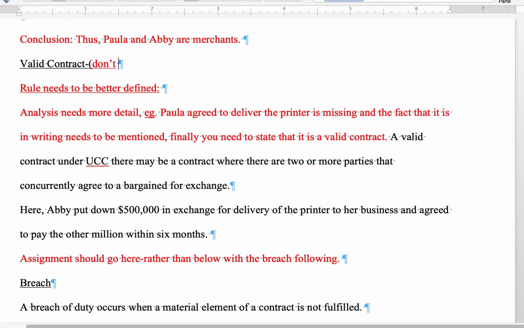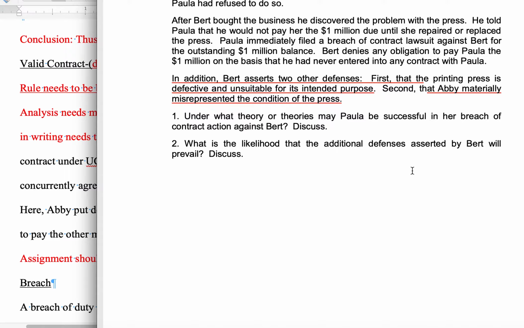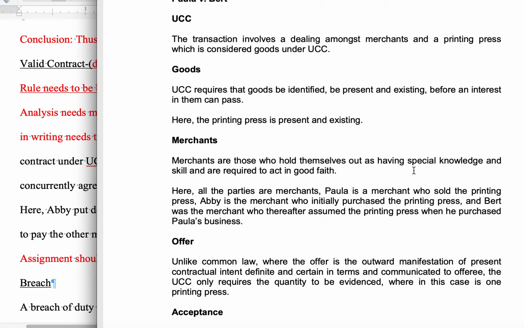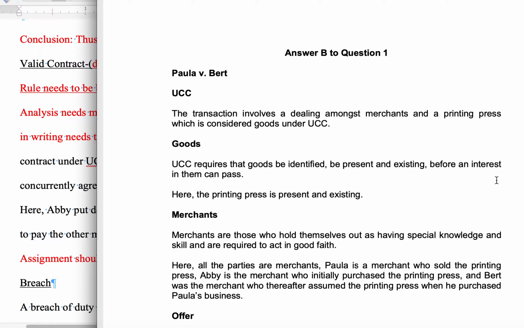You're being timed. She finished it in 45 minutes, but you've got to get your timing down on these. This other person, they did pass putting down these issues that were not issues, and that's because they probably didn't know.